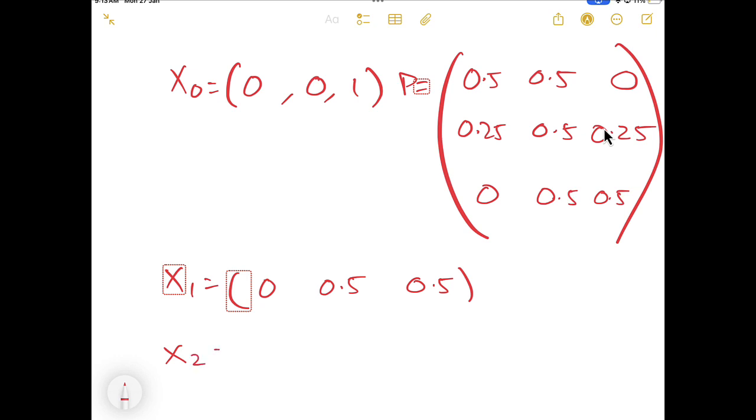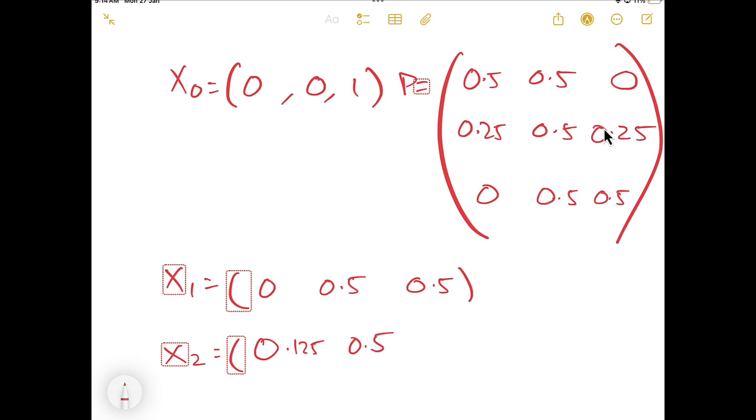Now x2 will be equal to, the first entry is 0.5 times 0.25, that is 0.125, right? Then you have 0.25 plus 0.25, that is 0.5, right?